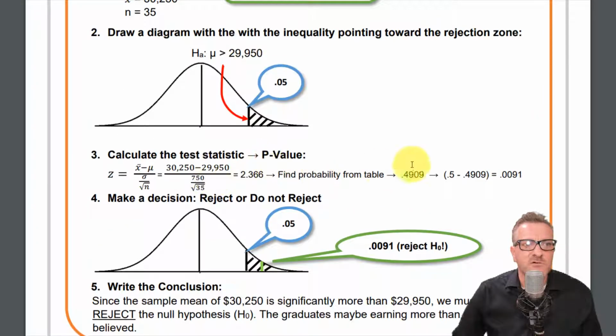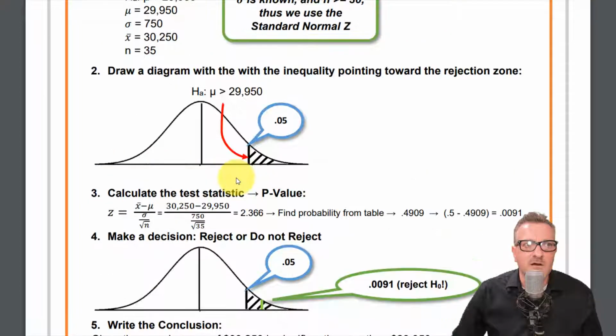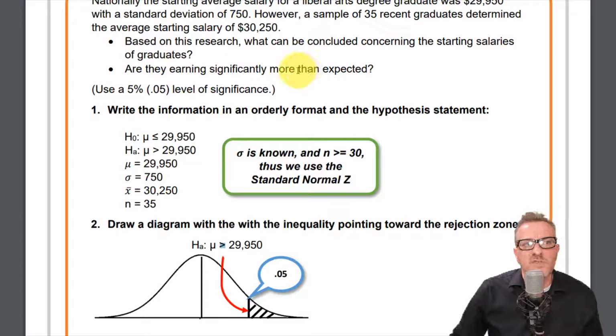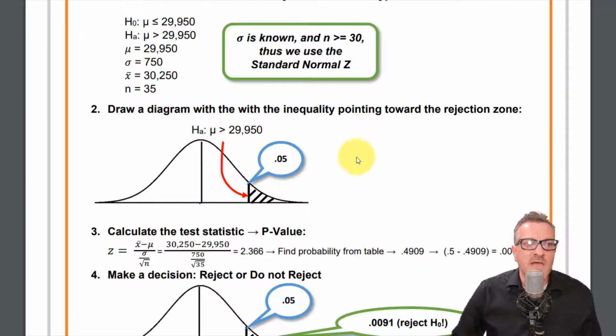Same scenario in that we need to do subtraction to get this line out here, and that's just because our alternative hypothesis inequality is pointing to the right, and I'm guessing we're looking for more than. So our math is going to get our values in the z table.